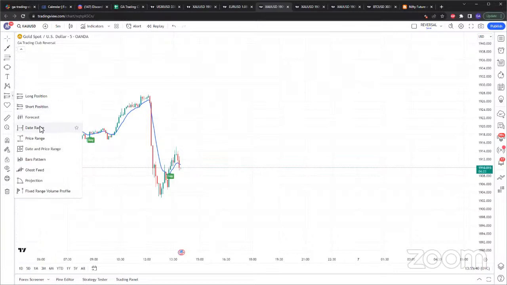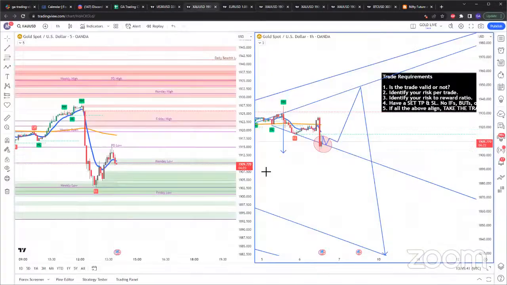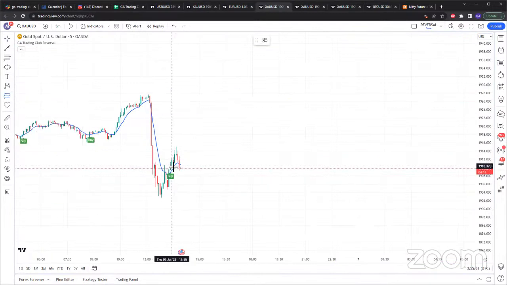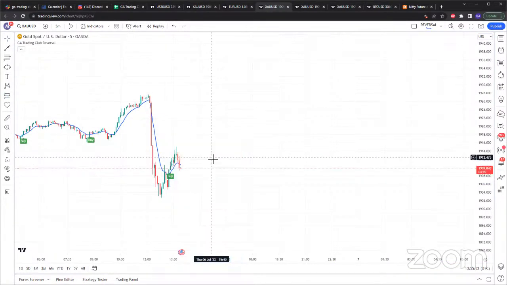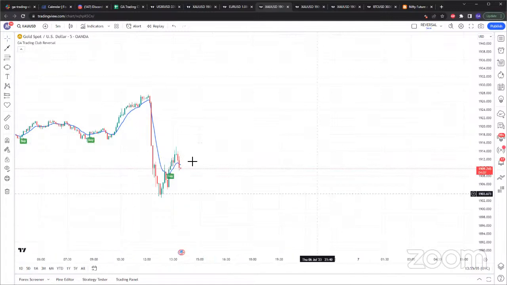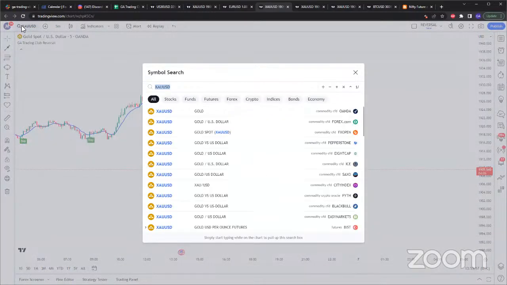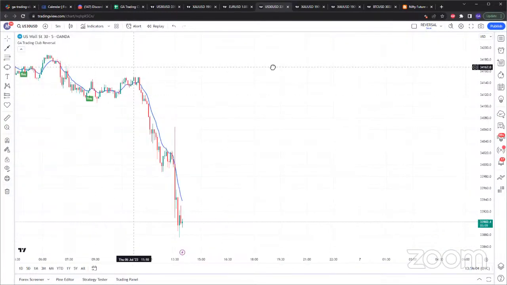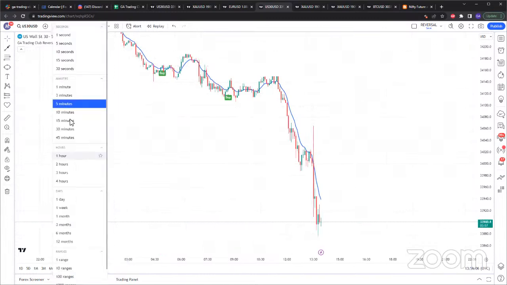However, I'm not going to buy gold for now until we get two 1-hour candle closures above that trend line. The best thing with the reversal indicator is that it gives you an early entry. But for right now, the only reversal I'm looking for is for US 30, and this is on the hourly time frame.